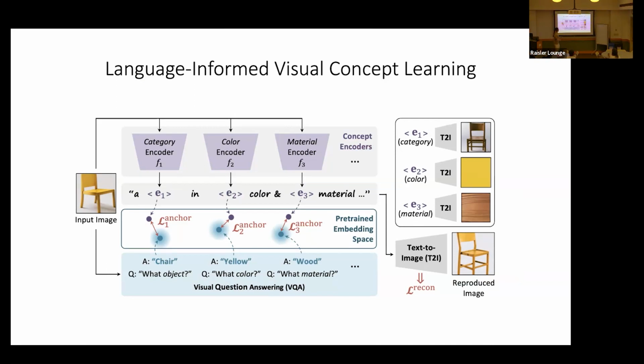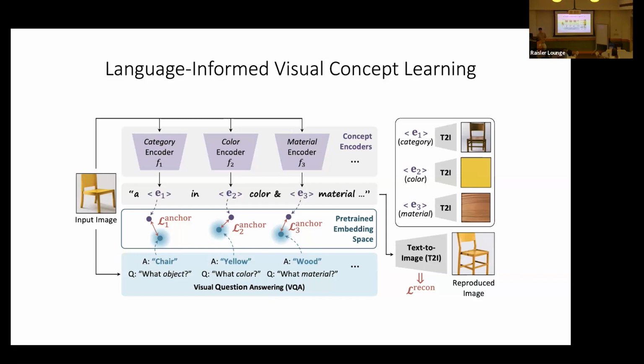To guide these embeddings to be meaningful, we also utilize a question engine and a Q&A model, which explicitly asks what the object is, what the color is, and what the material is, and guides these embeddings to stay close to the text embeddings. This produces much more disentangled representations.